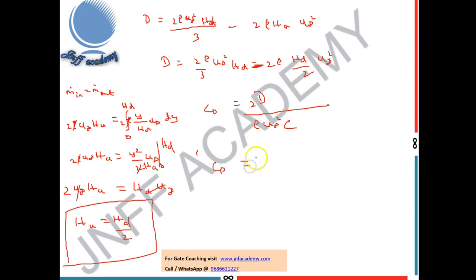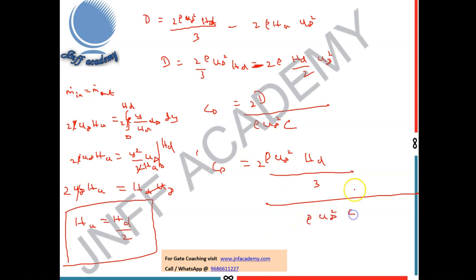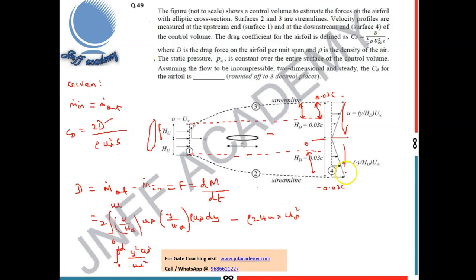So CD is equal to, drag has been already calculated by us. If you take the minus of all this, you will get something like rho U infinity square HD divided by 3. This is the drag component, okay? And you can put the 2 here, which is coming from the rho divided by rho U infinity square C. And instead of HD, now we have to substitute the value of HD.